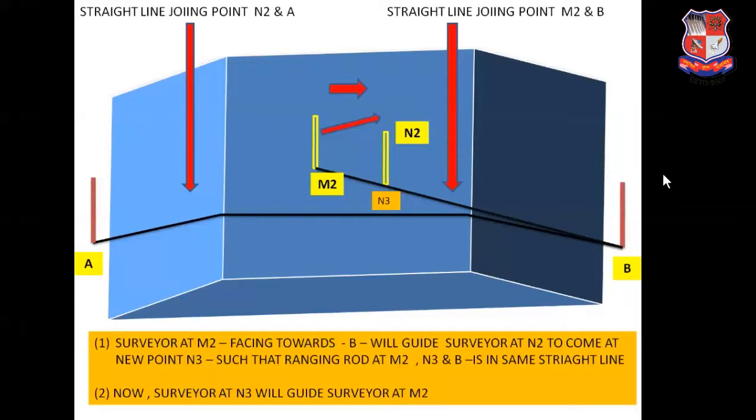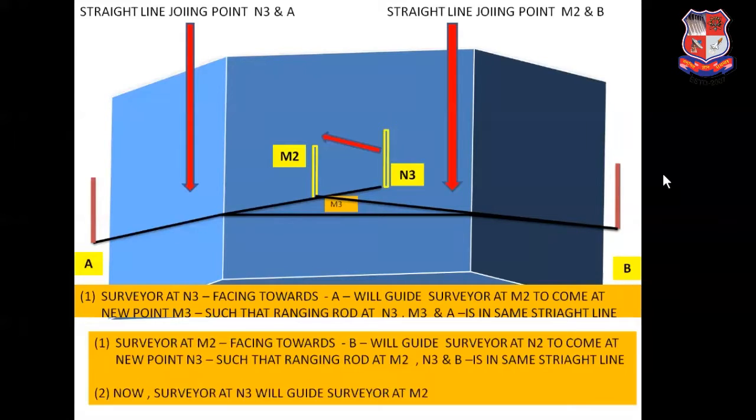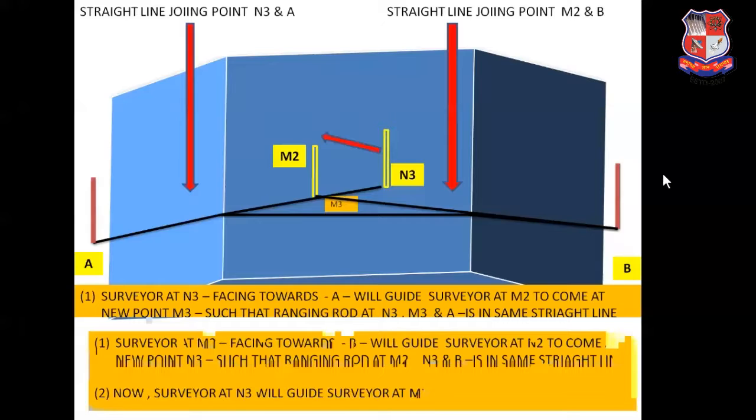Now the surveyor at N3 will guide the surveyor at M2. Surveyor N3, facing towards A, guides the surveyor at M2 to come to a new location M3 in such a way that the ranging rods at N3, M3 and A come in the same straight line.